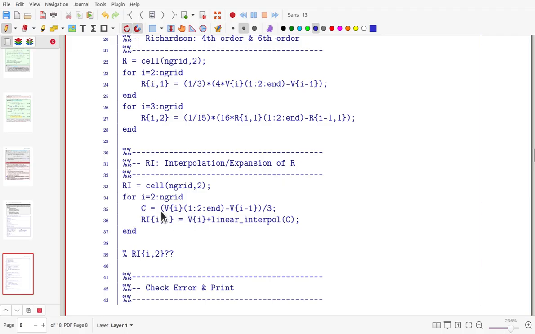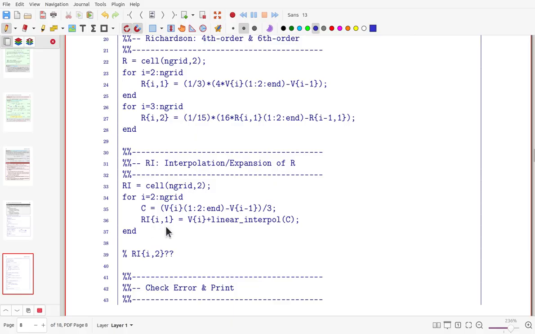This is now the correction term. We already know how to get that one. In the final one, the better solution, on the coarse mesh, minus the worse one, divided by 3 is the correction term that is interpolated and added to the better solution in second order to get the Richardson interpolated solution.